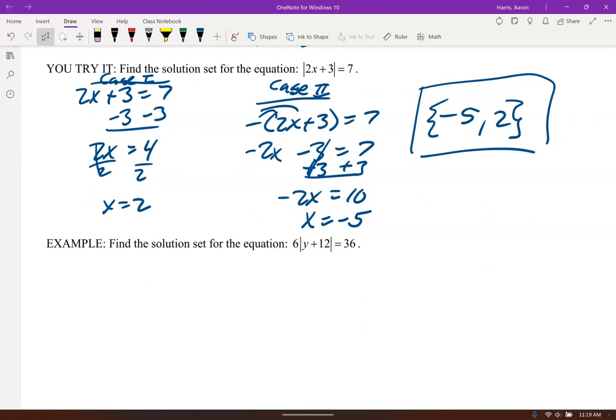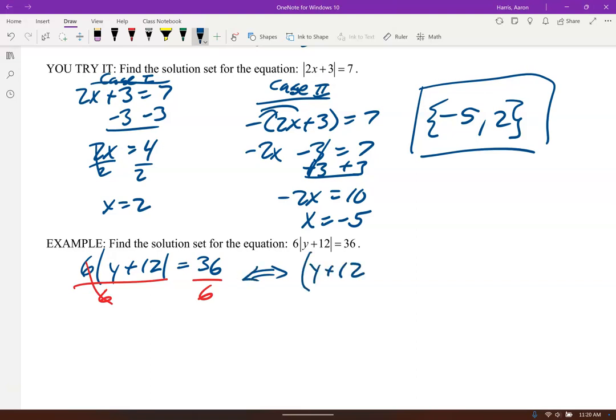Now notice this one's a little bit different. My y absolute value is not completely isolated. So before I can run my two cases, I'm going to get rid of the 6 first. So then I have the absolute value of y plus 12 equals 6. Now I can run the two cases, okay?